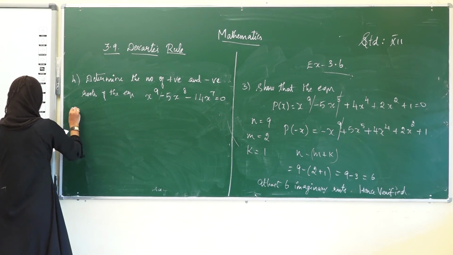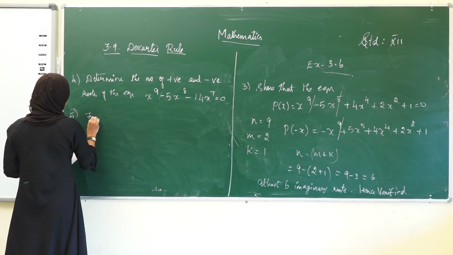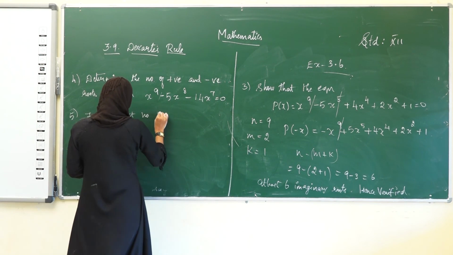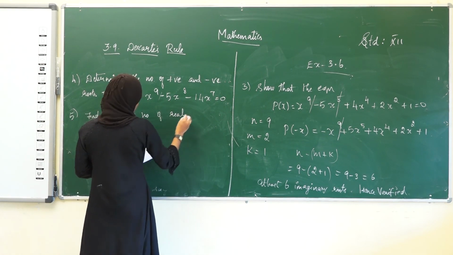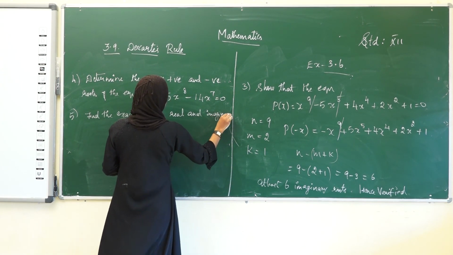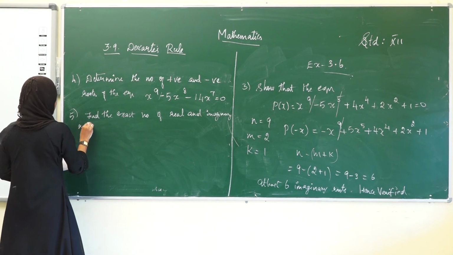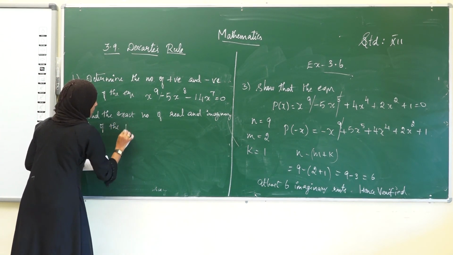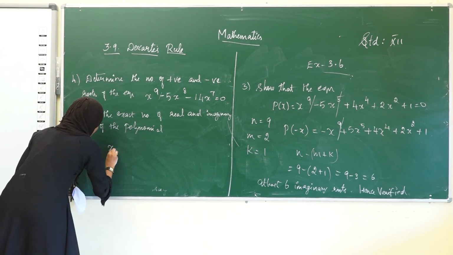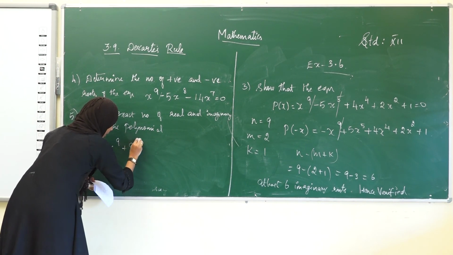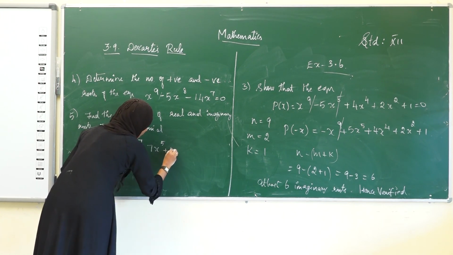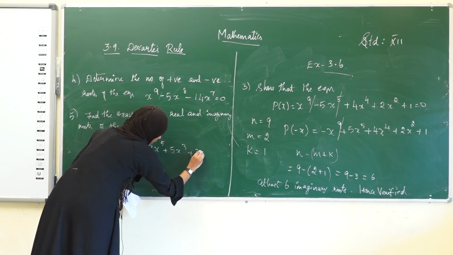And the fifth question, what they have given in the fifth question: find the exact number of real and imaginary roots of the polynomial x power 9 plus 9 into x power 7 plus 7 into x power 5 plus 5 into x cube plus 3x.